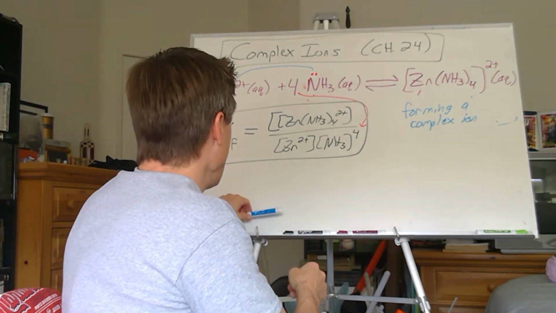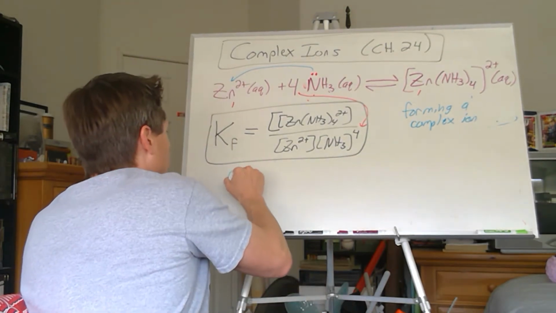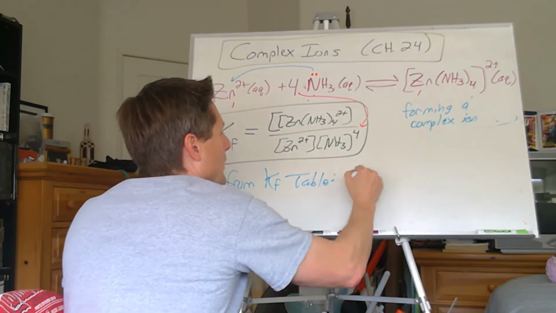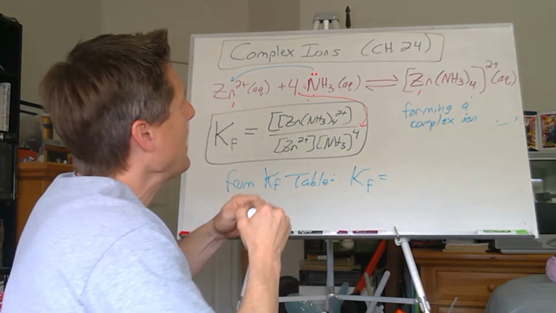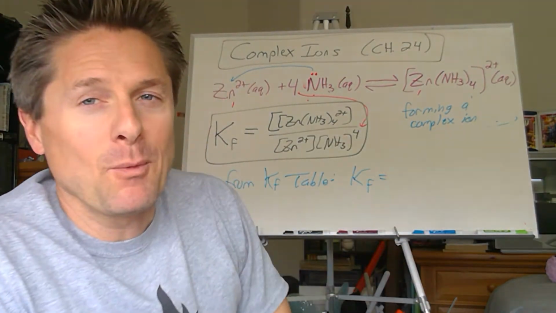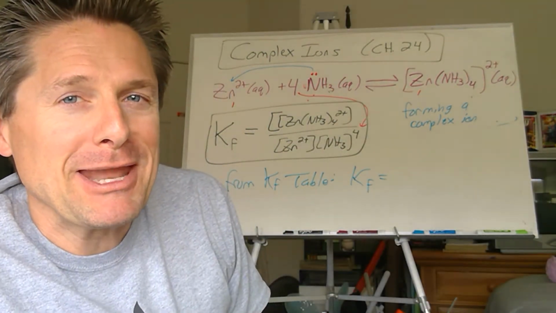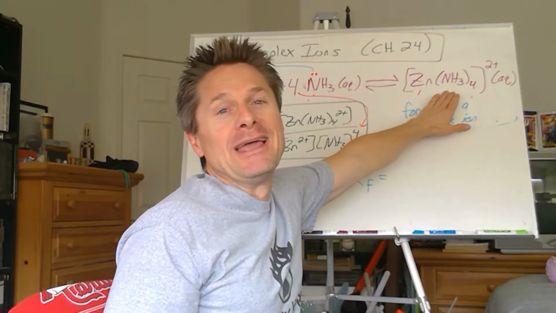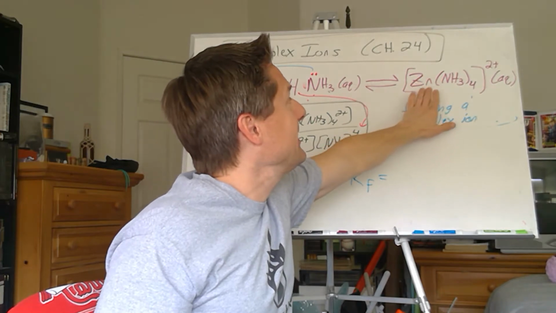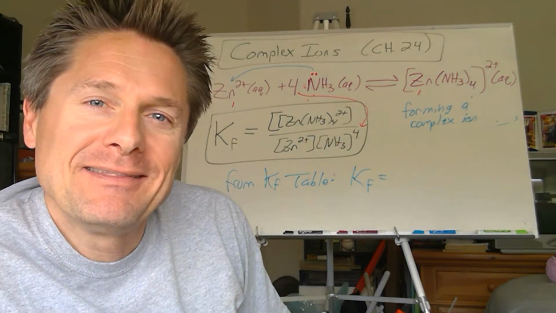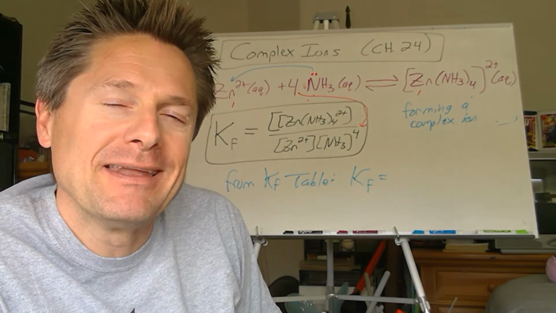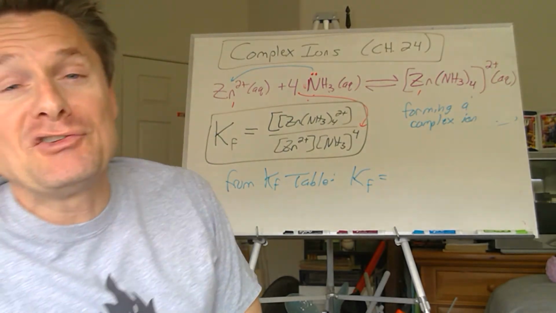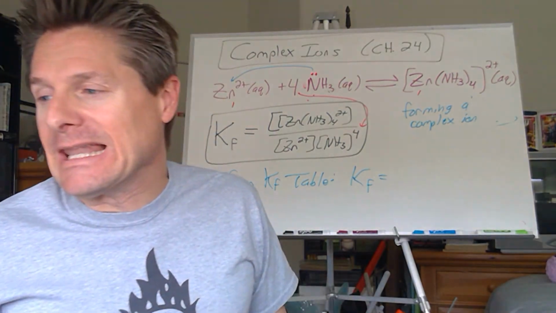So if we look that up from the Kf table, the Kf for this species, and I am going to make you learn how to name these, we'll see that this will be called tetraammine zinc 2 ion. We'll do naming in a totally separate video because it's cuckoo. But once you get used to the pattern of it, it's actually exceedingly logical.